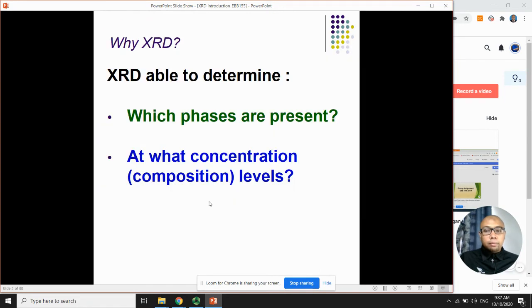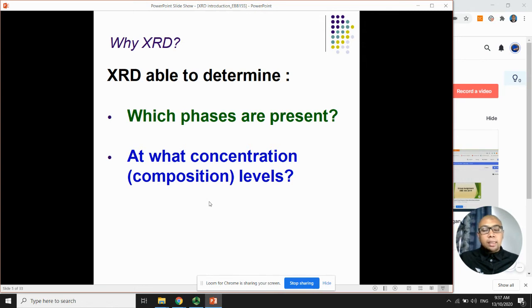By using XRD, we are able to do that, meaning we can identify which phases belong to calcium carbonate and which belong to calcium oxide.